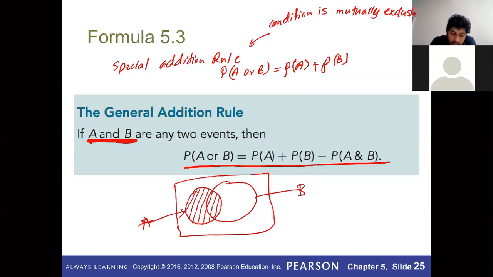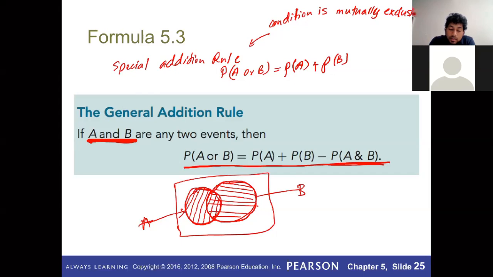Event B is this area. Now you can see this common area is colored twice, once for A and the other time for B. Since it is colored twice, you have to remove it once. That's why this comes from minus probability of A and B. That's a simple idea. Just keep that in your mind. When you use this picture, you can simply understand it.